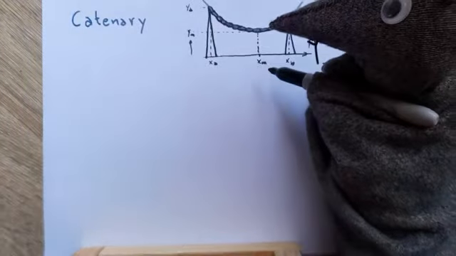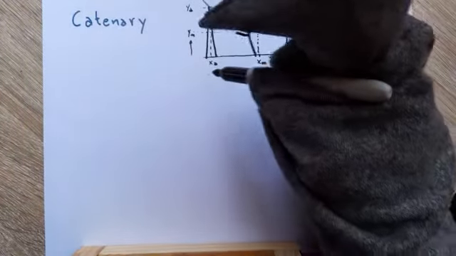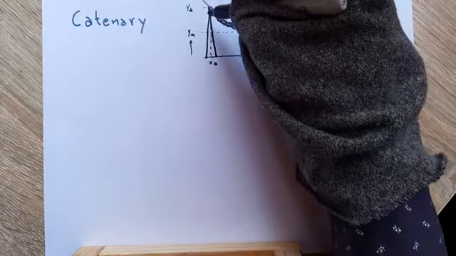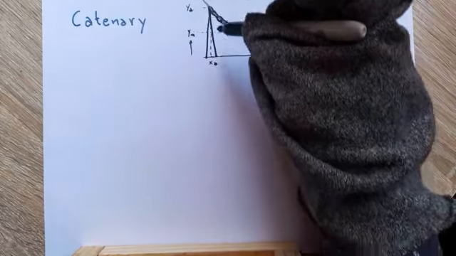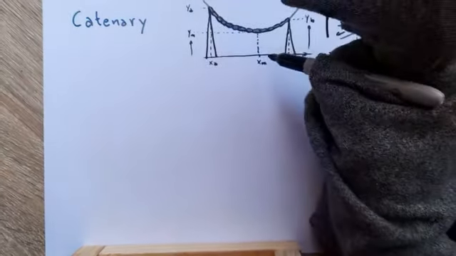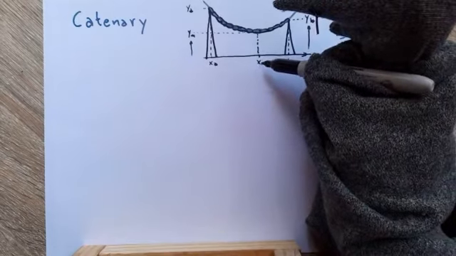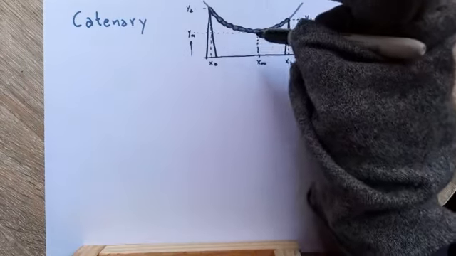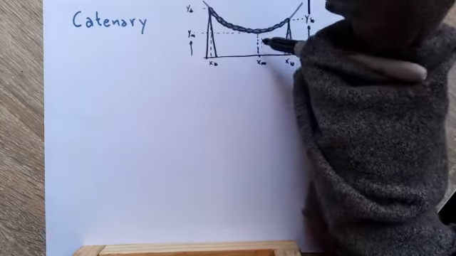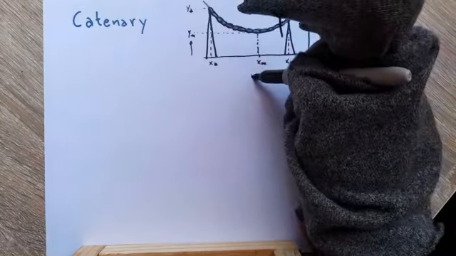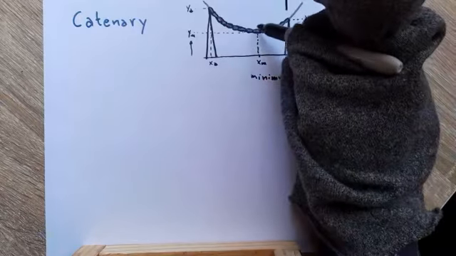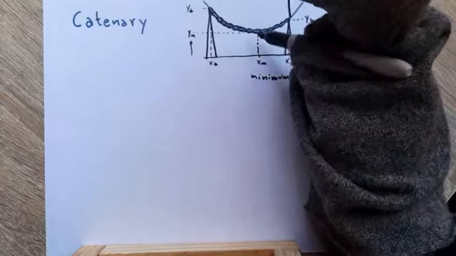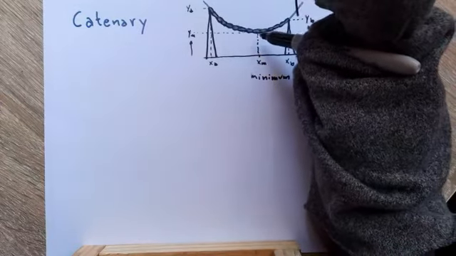First we will name some points. The fixed point on the left will have coordinates xa and ya. The point in the middle will have coordinates xm and ym. This is actually the minimum of the curve, the lowest point of the chain.